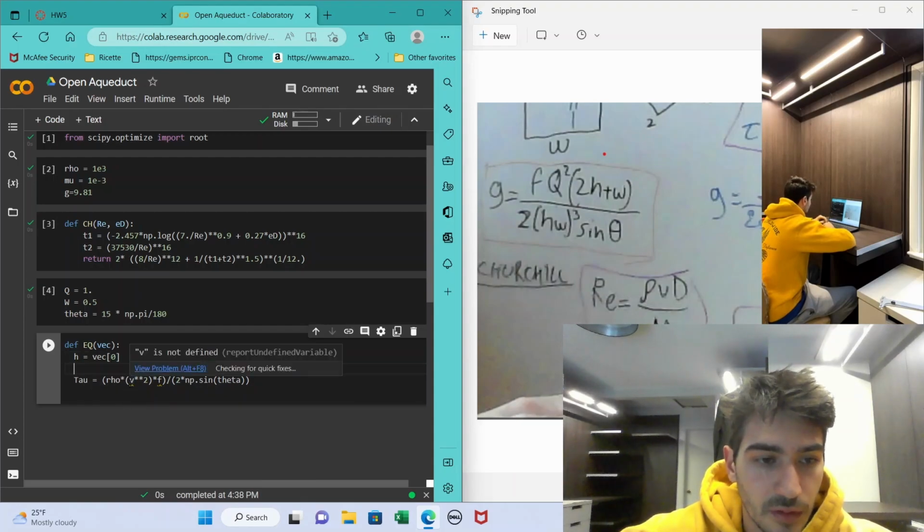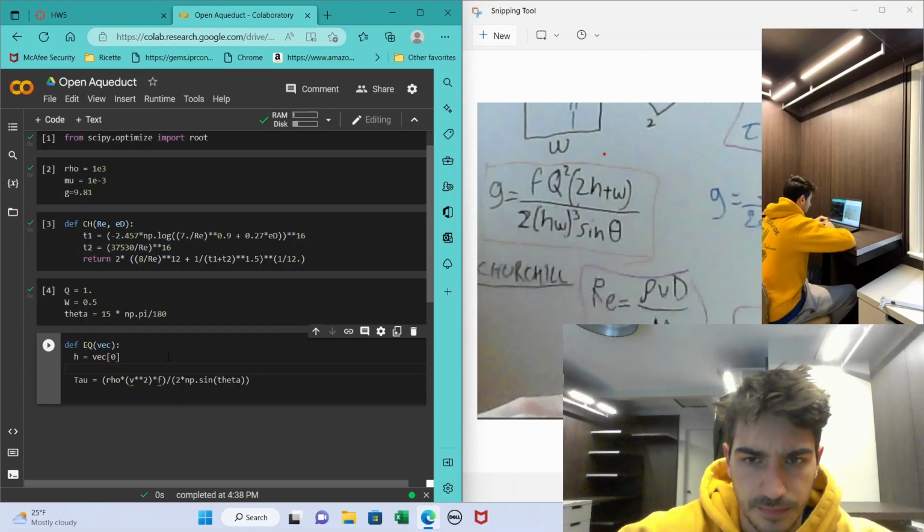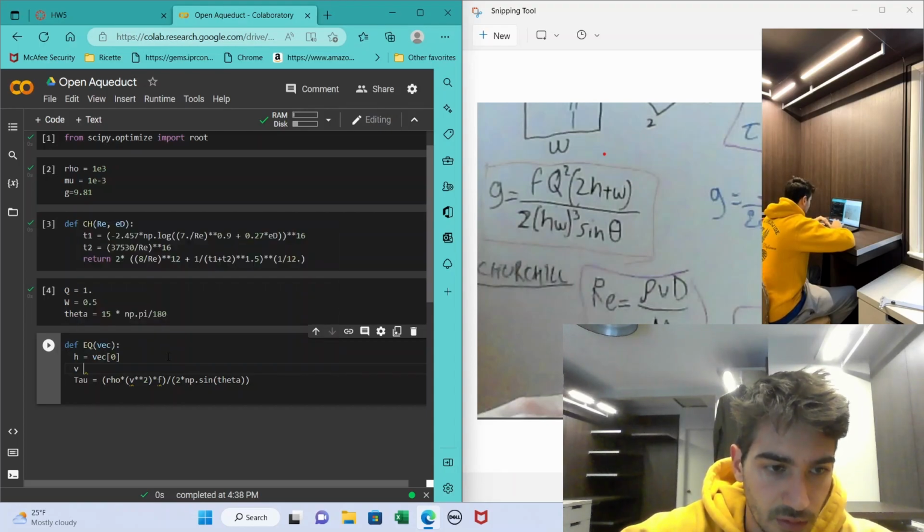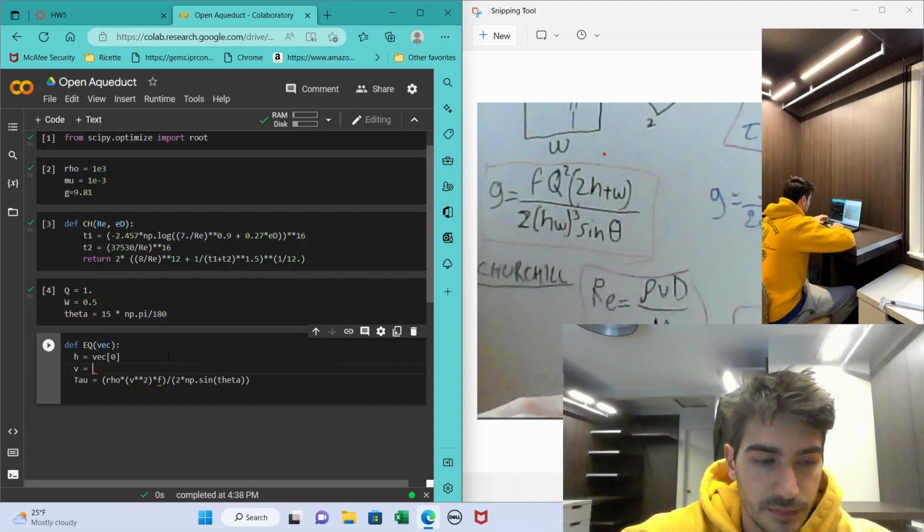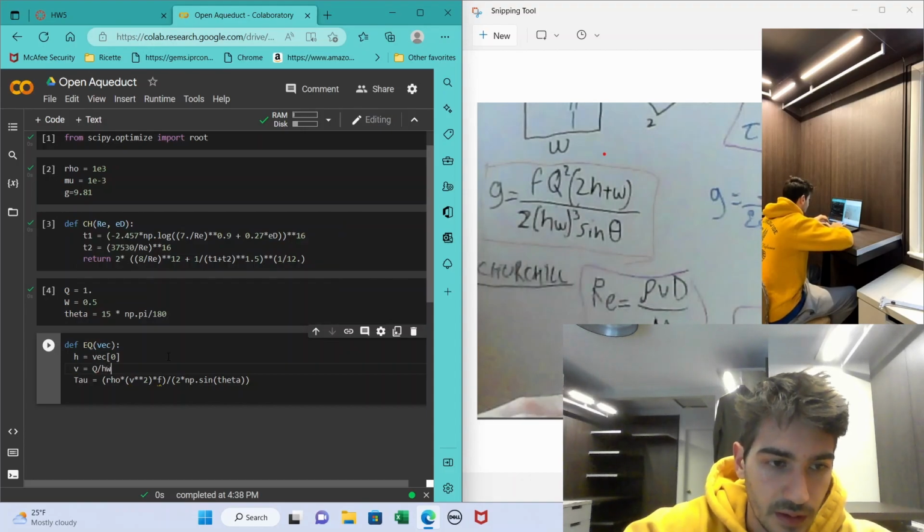And of course it's saying we don't know what V or F are. So I'm going to go ahead and plug that in. We need Reynolds number and a V. So actually I'm going to start off with V. Keep it lowercase, right? We said it is Q divided by HW.